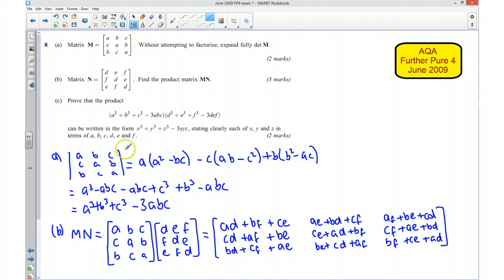Part C says prove that the product this times this can be written in the form x cubed plus y cubed plus z cubed take away 3xyz, and we need to say what x, y and z are in terms of A, B, C, D, E and F. Right, so we need to spot some patterns in order to do this.